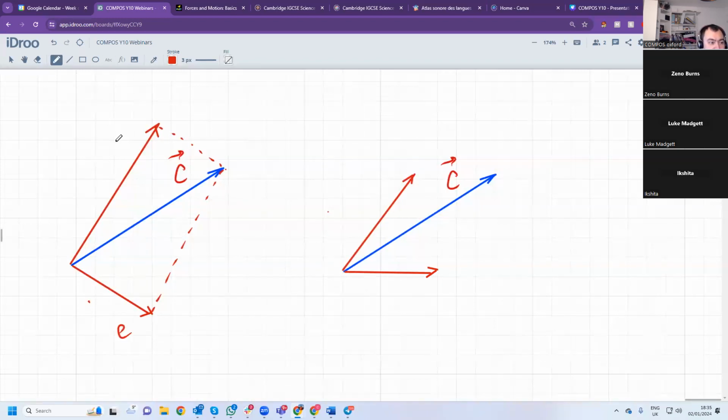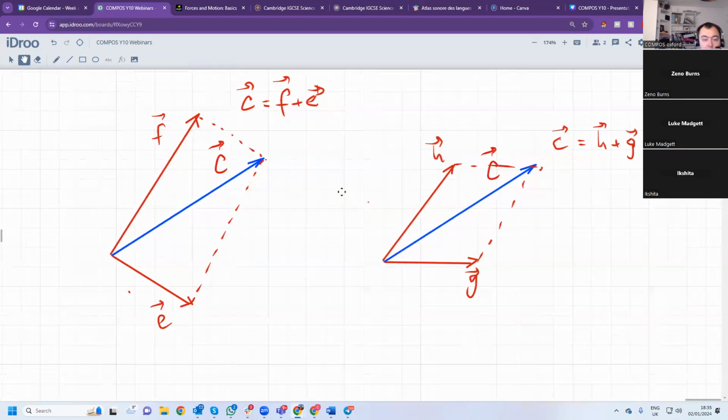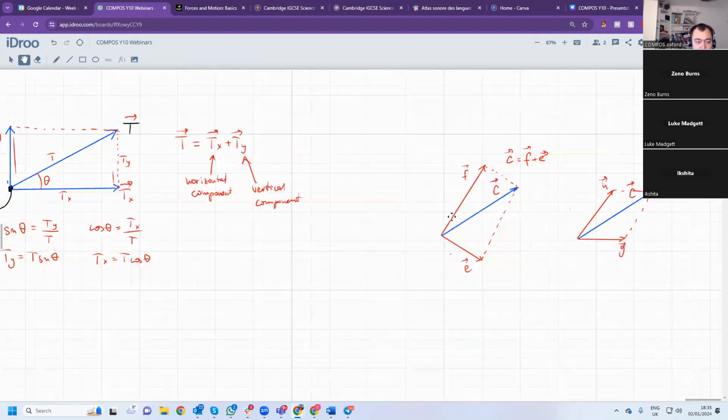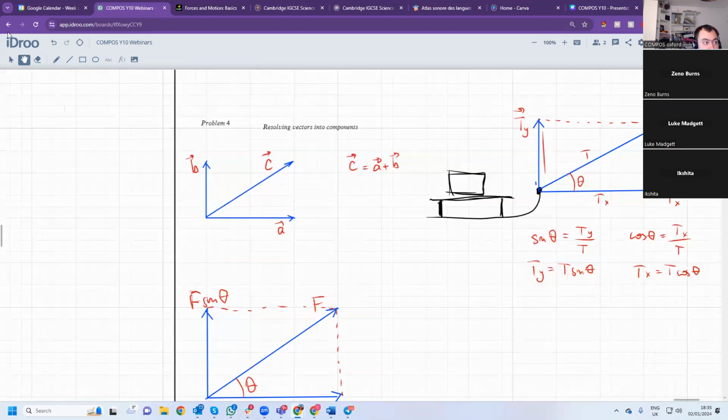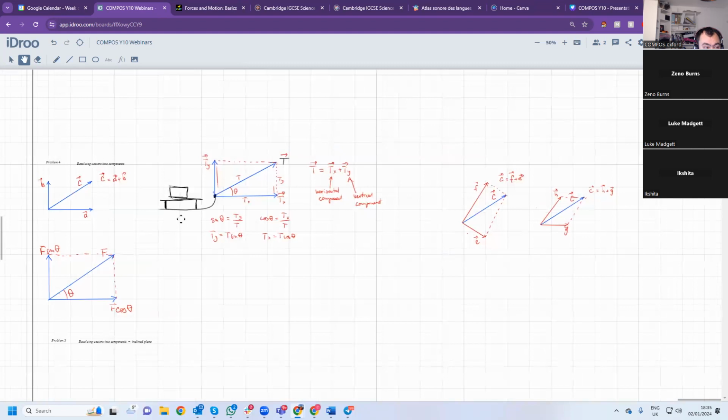Let's call this E and F, G and H. So C is F plus E, and C is H plus G. And once again, here C is A plus B. So all three are valid, right? So it doesn't have to be horizontal and vertical. That's what I'm trying to say.